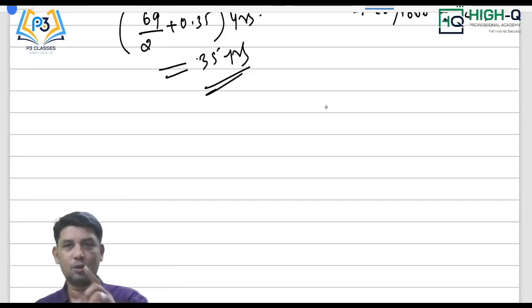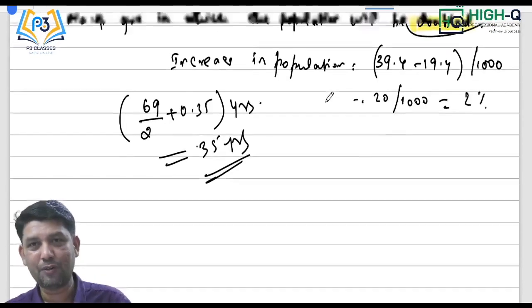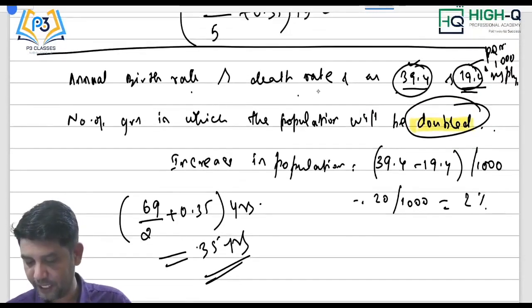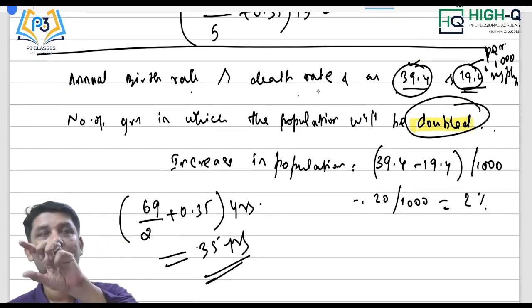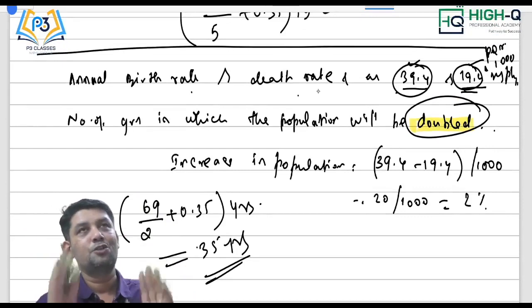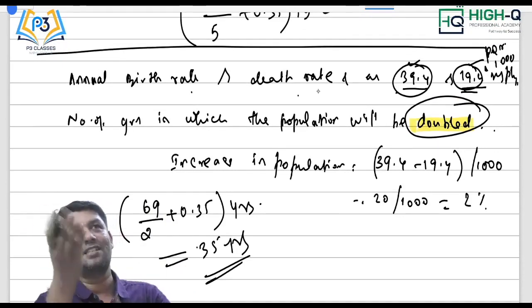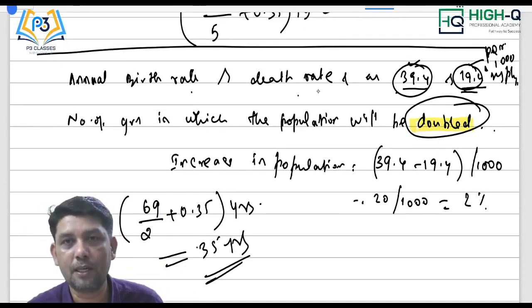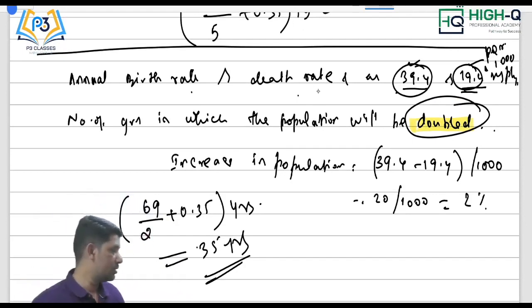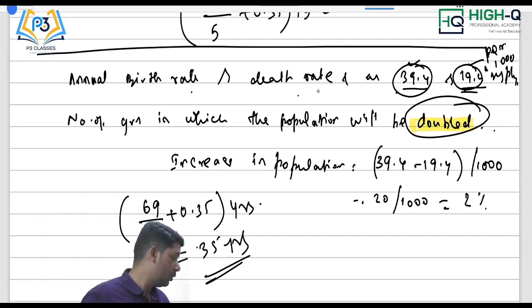As soon as you get that rate of interest, do you require to solve this question? 39.4 minus 19.4, 20 is the difference per 1000, therefore it is 2%, and doubled, so 69 by 2 plus 0.35, 35 years. You solve it orally, my dear. Why should we use the formula to solve these types of questions? Don't you think it is a waste of time?